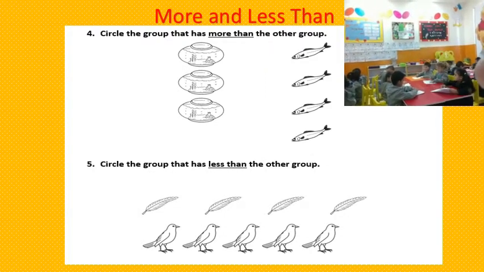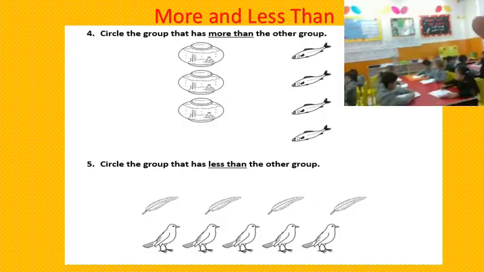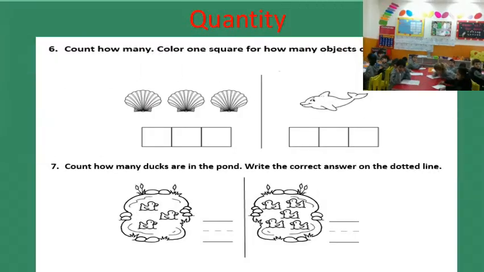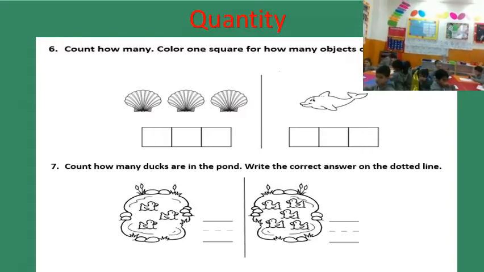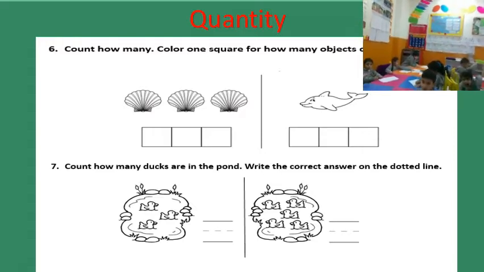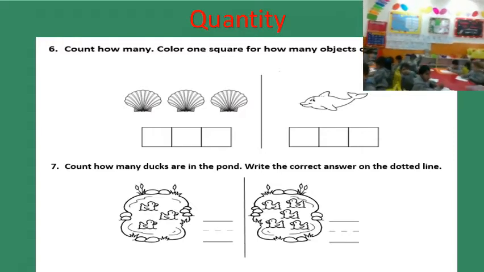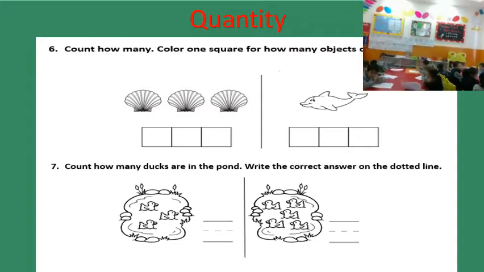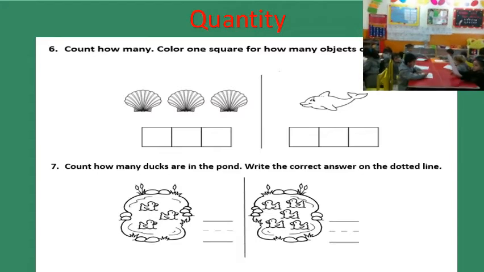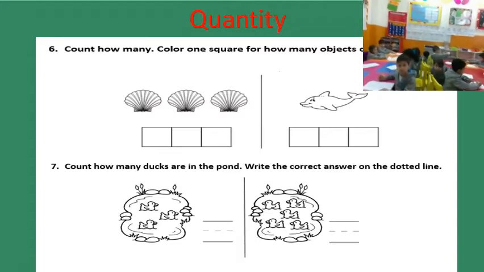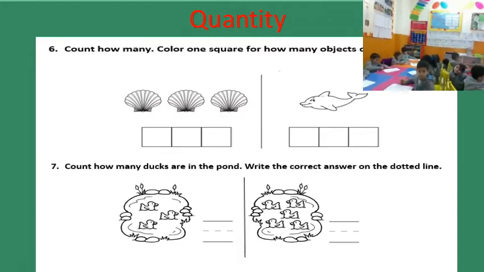All right. Now we're looking at quantity, okay? Here it asks me to count how many. I'm looking at these objects and I have to count how many I have, then I put a check in each box. What do I have in the first picture? Shells, right? How many shells do I have? 3.